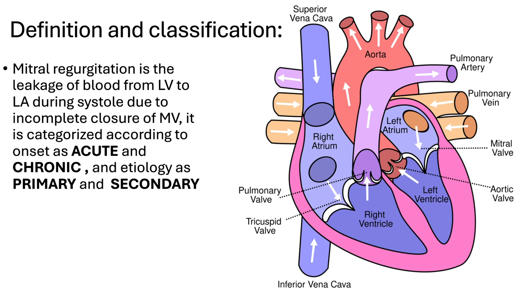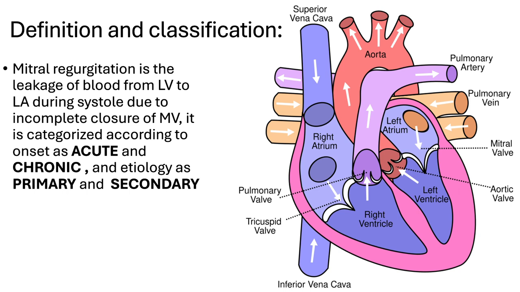So, the cardiac cycle starts when deoxygenated blood comes from the superior vena cava and inferior vena cava into the right atrium. This blood goes from the right atrium to the right ventricle through the tricuspid valve. Then it passes through the pulmonary valve into the pulmonary artery, where it gets oxygenated in the lungs, and it comes back through the pulmonary veins into the left atrium.